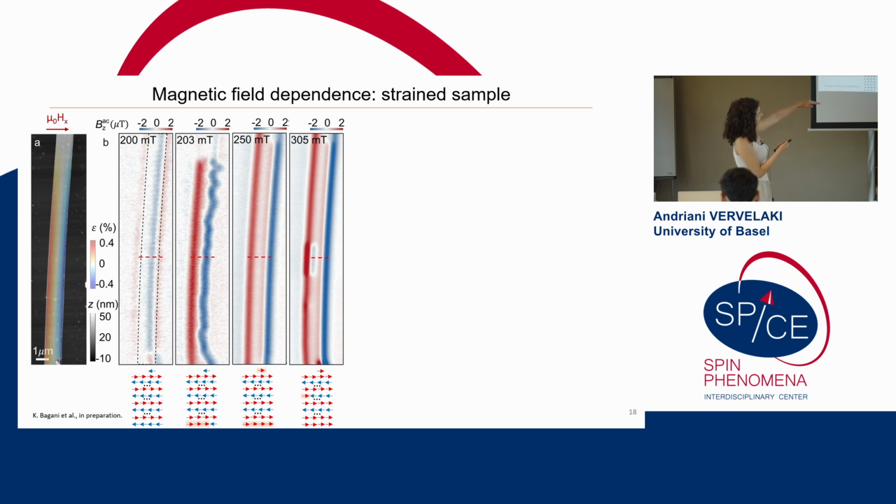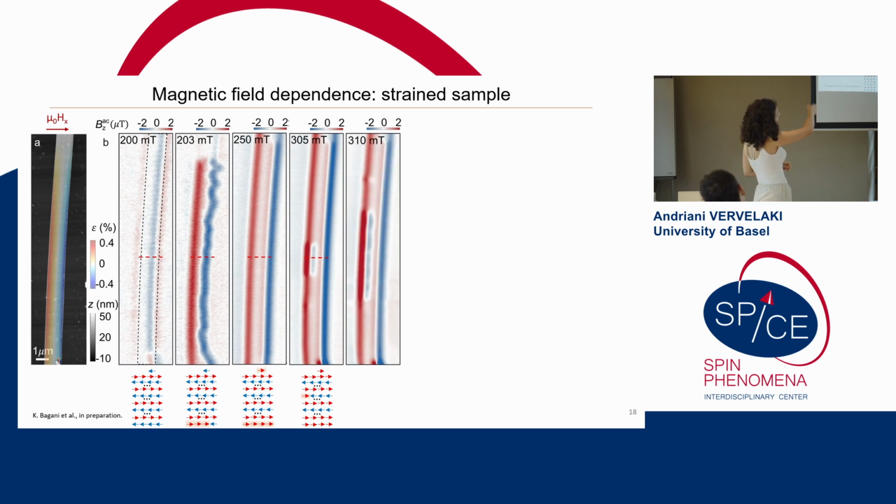So yes, what we see is that an antiferromagnetic to ferromagnetic transition starts from this region, and by applying a higher field, this contrast expands along the y-axis. So actually, it really follows the transition from the maximum tensile strain to regions with smaller tensile strain, so the smaller strain gradients that we see.